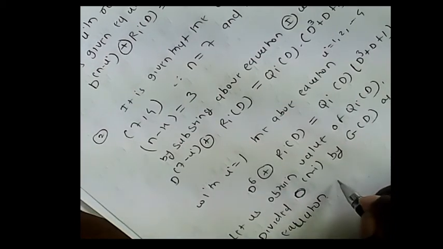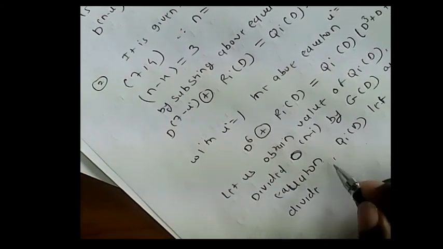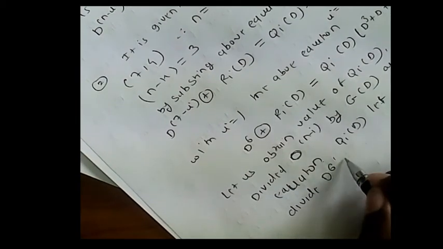Therefore, to obtain q of d, let us divide d raised to 6 by the generator polynomial d cubed plus d plus 1.